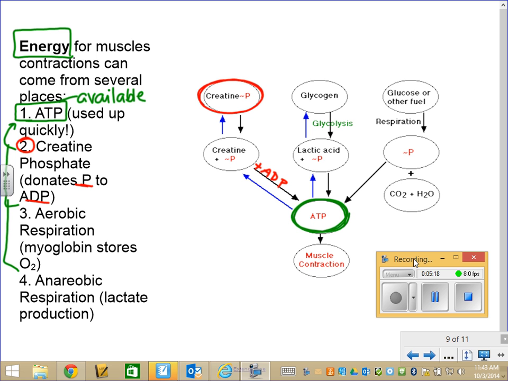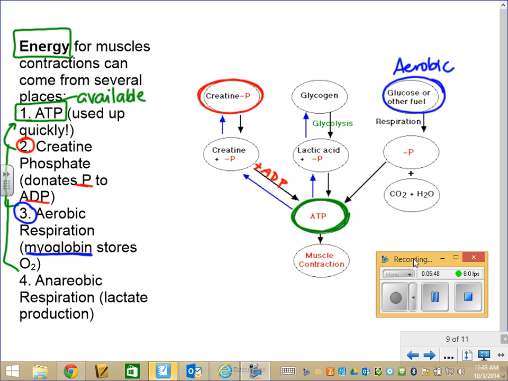Now the third way that your muscles can obtain energy for contraction is aerobic respiration. Over here, this is the aerobic respiration part. In aerobic respiration, your myoglobin, which we mentioned last class, is the molecule that holds on to oxygen.